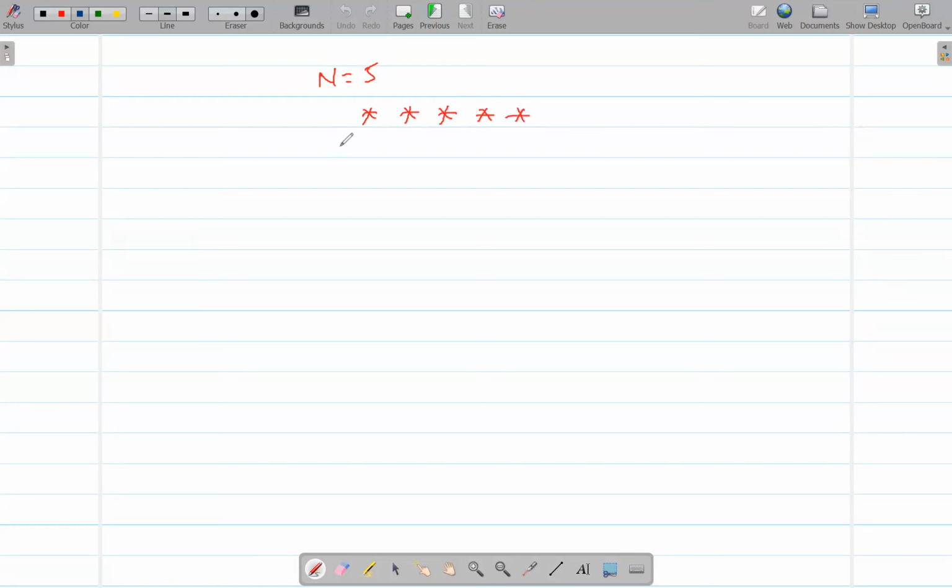Okay. Then we have to shift to the left by one: 1, 2, 3, 4, 5. Again by one: 1, 2, 3, 4, 5. Again, this is a problem. Again, we need to take care of the spaces. There is nothing here as well. Shift by 1.